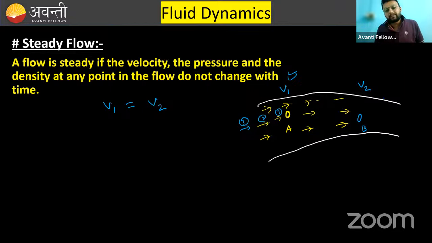But when these particles pass through point B, they will have the same velocity, but that velocity is not going to be equal to V1. It should be equal to V2. That means there may be a difference in velocity. It is not always true that these 2 points will have the same velocity. One thing is clear, steady flow is clear. Now, you can ask me if there is a doubt.